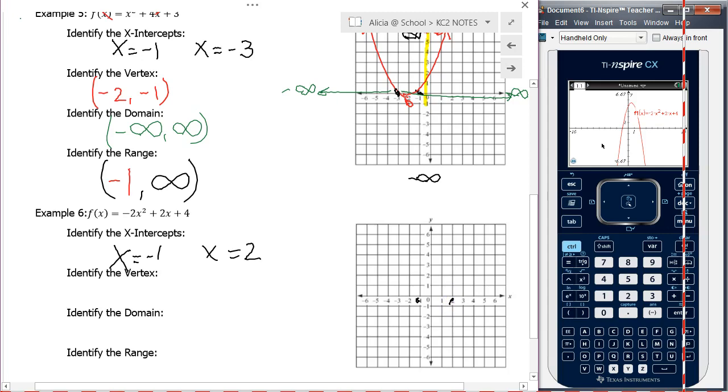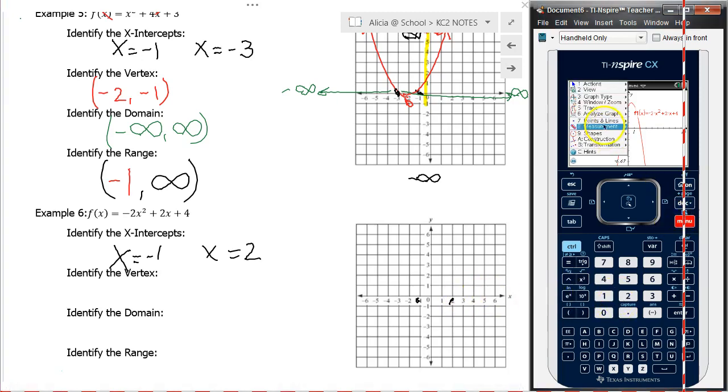My vertex point. I have to find that maximum point. So I'm going to go to Menu, Analyze Graph. This was a maximum, so I'm going to go down to number 3. I see that my vertex is right here, but I want to scroll just left of it, and then scroll right, and right away my calculator finds that highest point, which is 0.5 and 4.5.